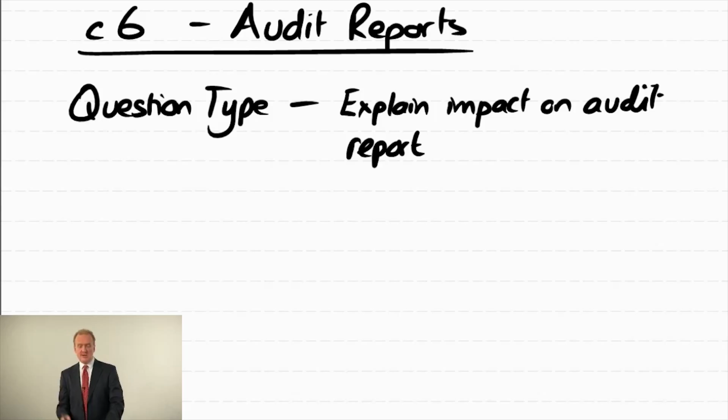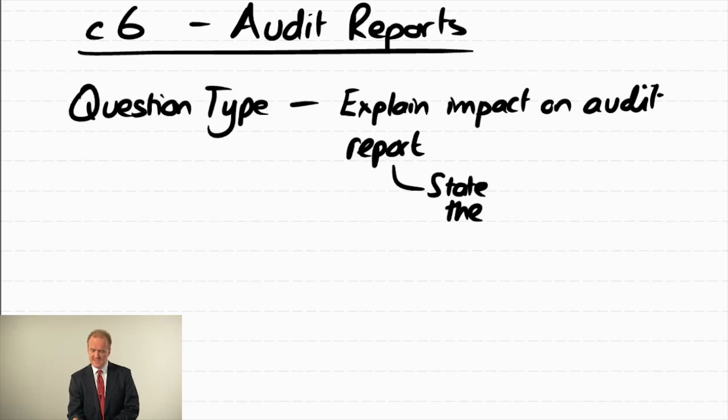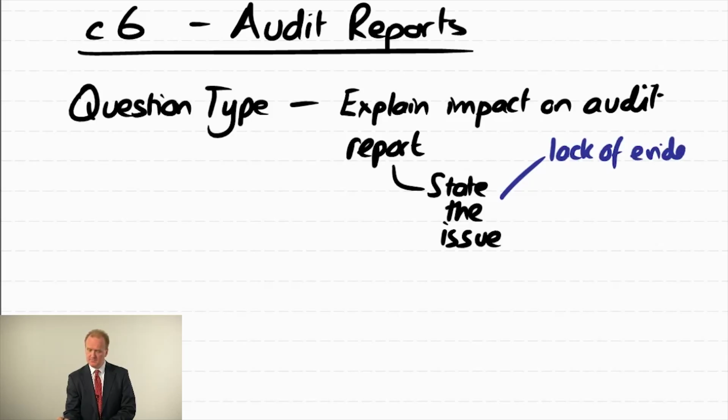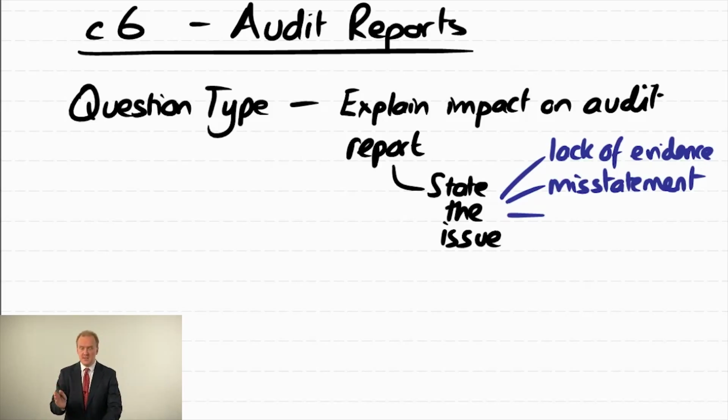Scenario presented to you and you've got to say what the impact is. What sort of things does the examiner put into the answer? Well, first thing you've got to do is explain the issue that we've got, and it's either going to be a lack of evidence, a misstatement. So those are the 2 things that affect the opinion.